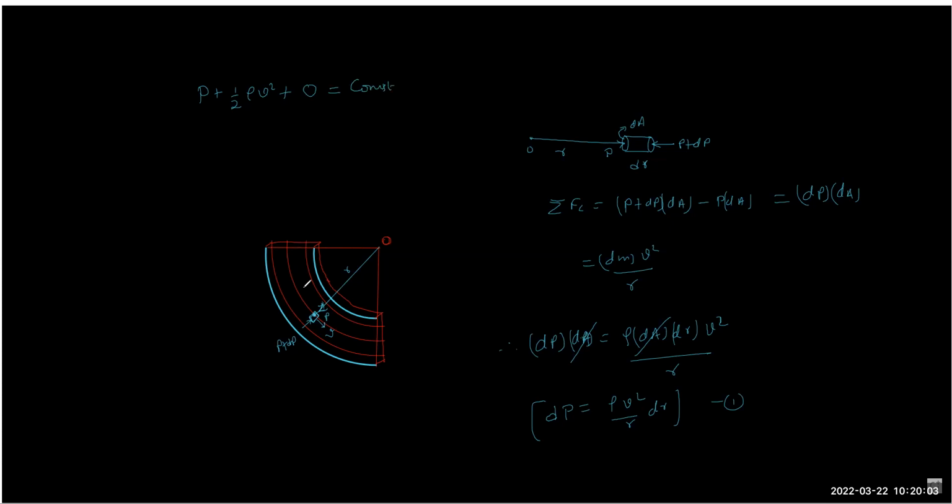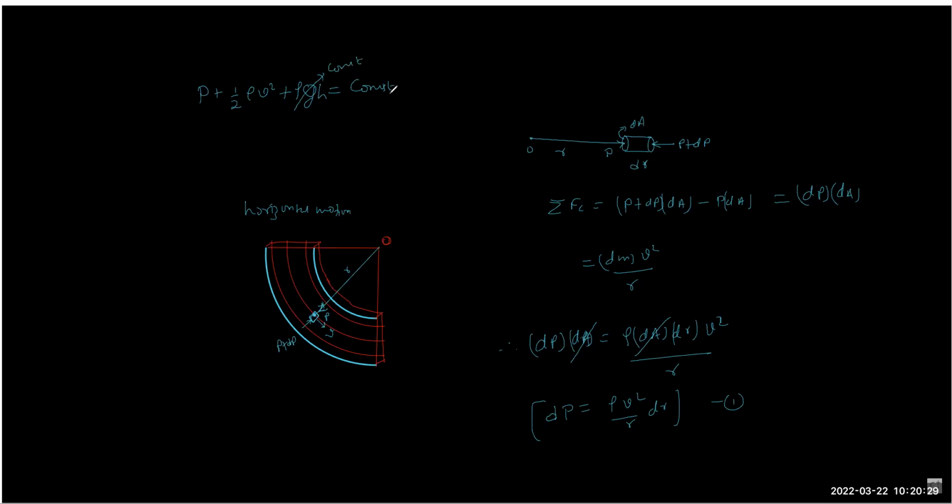Because there is no vertical motion, it's a flat surface, so it's a horizontal motion. The level of the liquid is fixed, it's not changing. Or if you want to write it as rho g h, h is constant. So this third term is anyway constant.